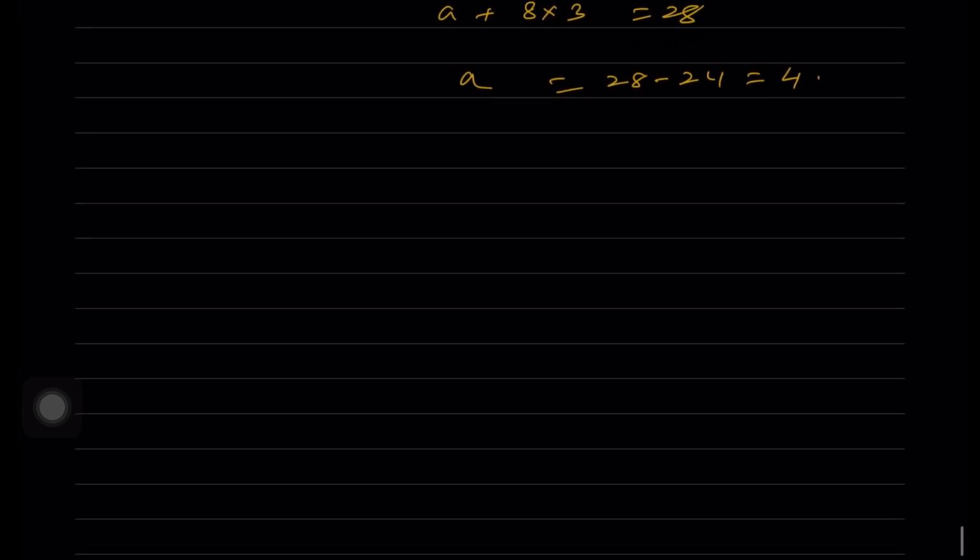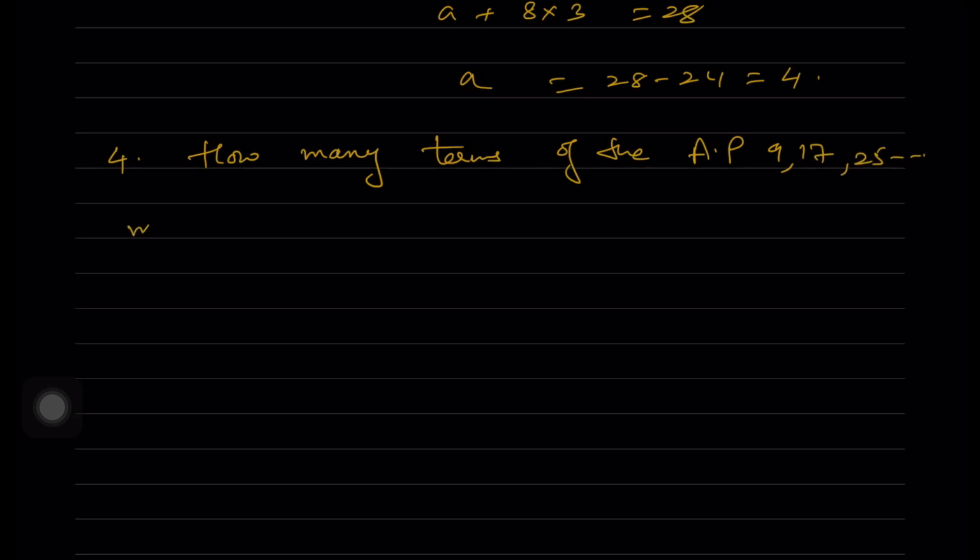Now the fourth one. How many terms of the AP 9, 17, 25 must be taken to give a sum of 636?